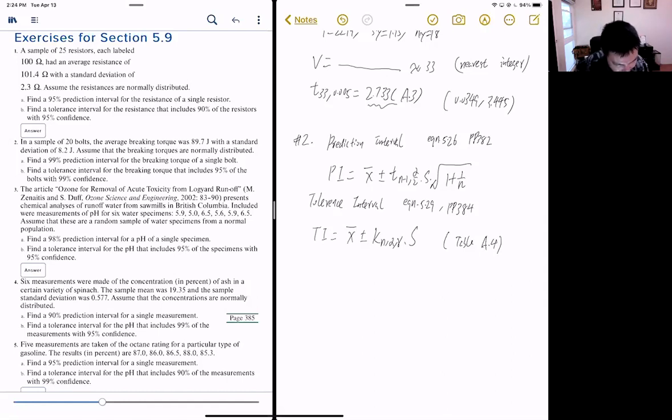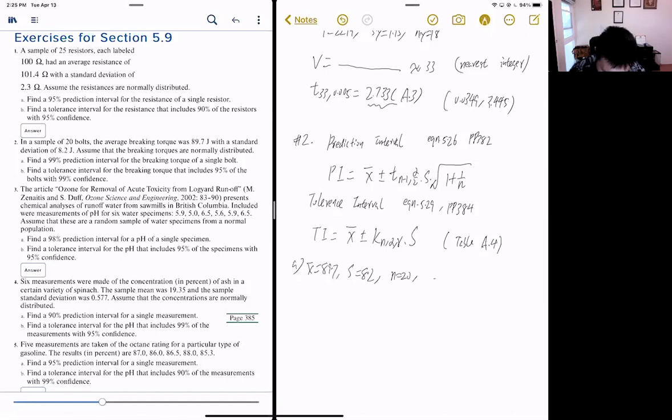The first part is for prediction interval. The sample mean is 89.7, standard deviation 8.2, sample size 20.